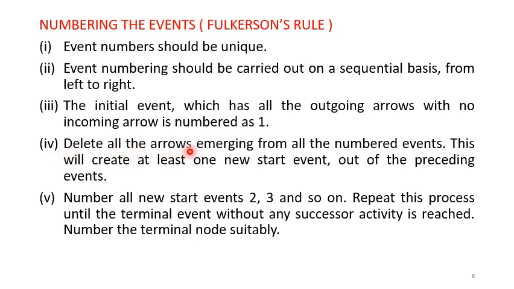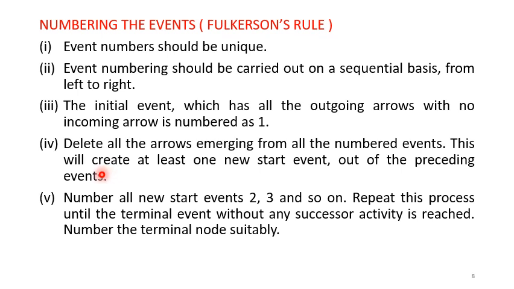Delete all the arrows emerging from all the numbered events. This will create at least one new start event out of the preceding events. Now, whenever you number the events, number them in sequential form, 1, 2, 3 and so on, from left to right. Or 10, 20, 30 in multiples of 10, that is also fine.